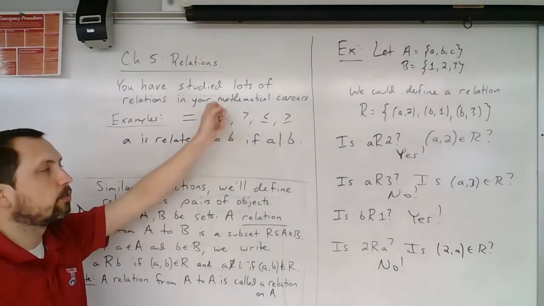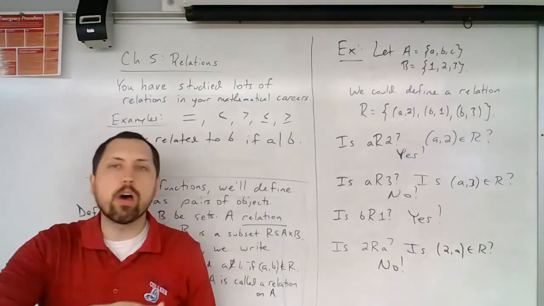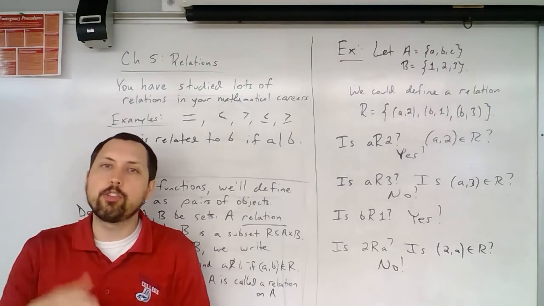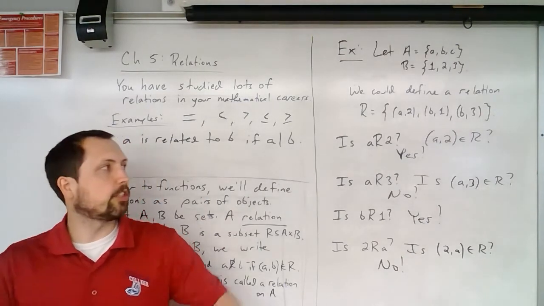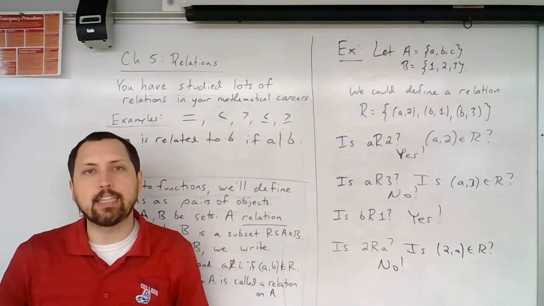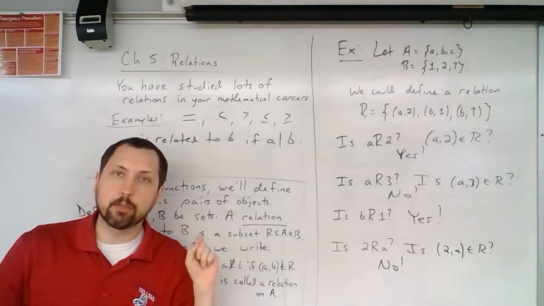If we think about some of the relations that we've looked at in the past, something like less than, for instance, you could say 1 is less than 2, so they're related with less than, but 2 is not related to 1 because 2 is not less than 1. So this is just a little bit of an introduction to some of the notation and some of the basic ideas behind relations and how they are related to Cartesian products.